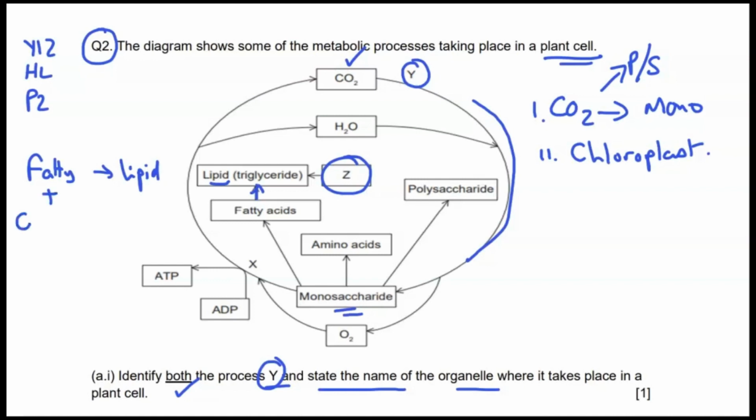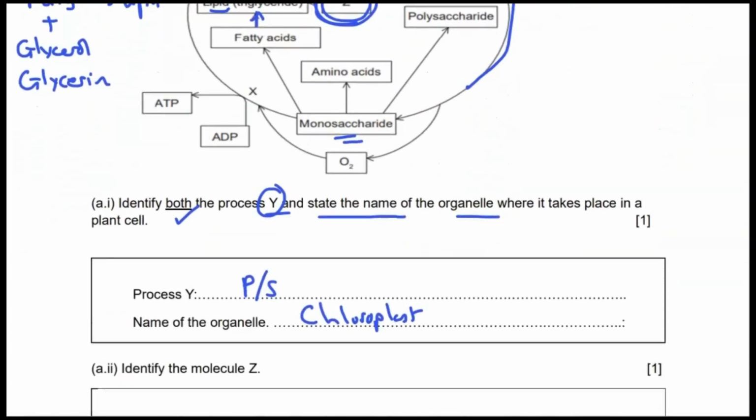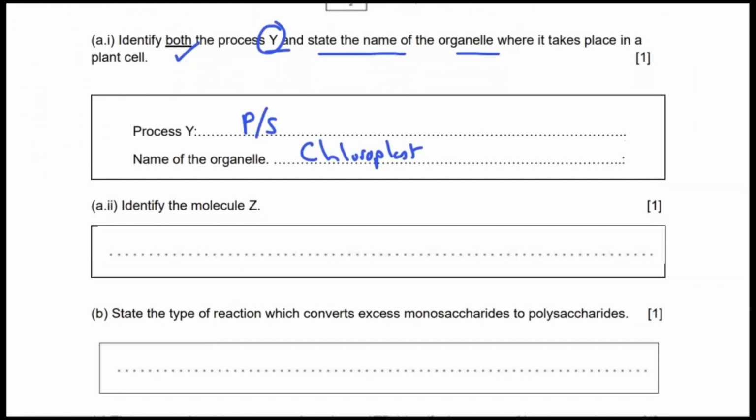And you'll know that that's glycerol, or you could write glycerin. So that's molecule Z. This is glycerol here. So we need to write that into our answer, glycerol. 3-carbon compound, glycerol.